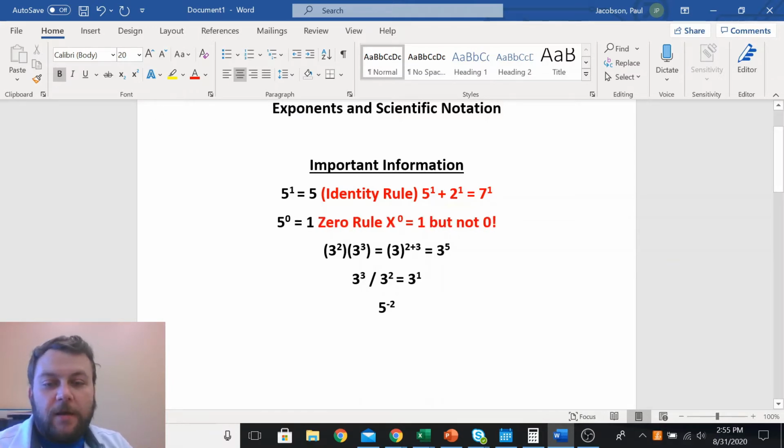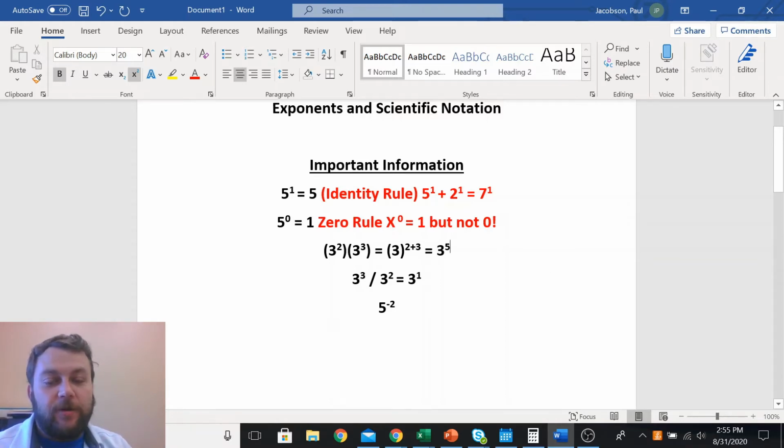Okay, the next rule, we reviewed this in class, but I'll go over it quickly. So it's the multiplication rule for exponents. What the multiplication rule is: you have two exponents with the same base, and it doesn't really matter what the powers are. You will add them if you're multiplying.